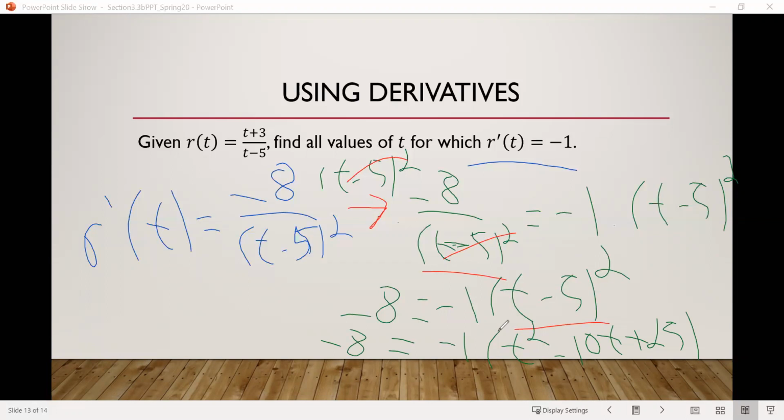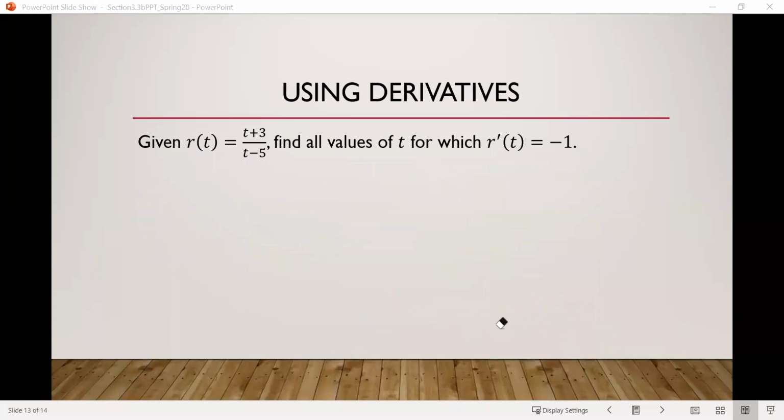You can distribute the negative 1 into the parentheses, and notice this is a quadratic. And so in order to solve a quadratic, what do we have to do? We have to set it equal to 0. So when we do all of that, I'm going to clear all this out.